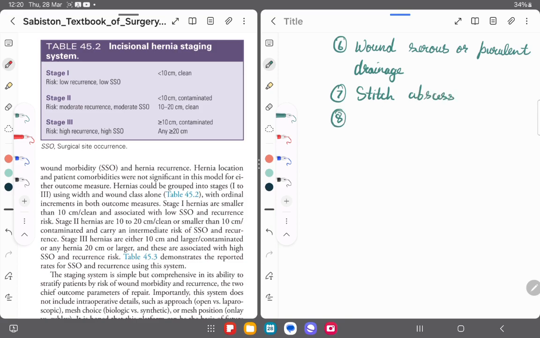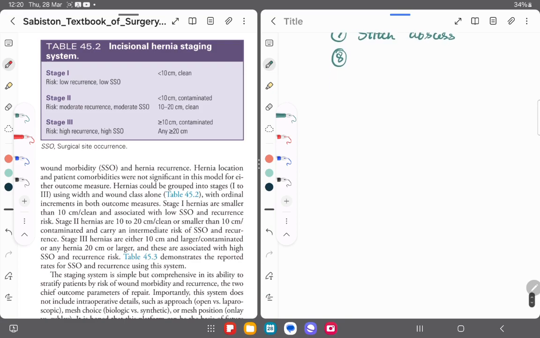Number eight is seroma, hematoma, and infected or exposed mesh in addition to SSI.